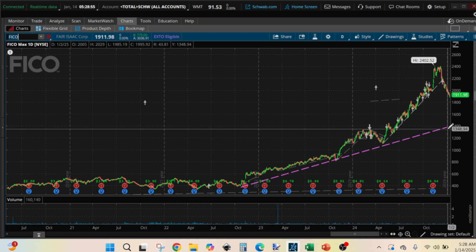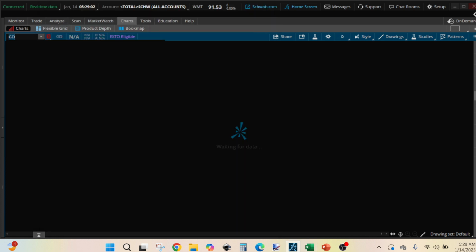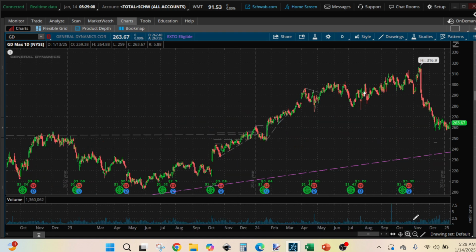The next one is GD. And GD seems to be coming down to one of our trend lines there, but it's a little bit far from it at the moment. Google. And Google is following this trend line at the moment.